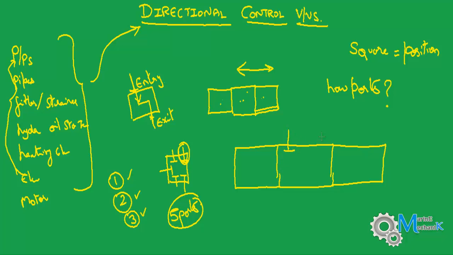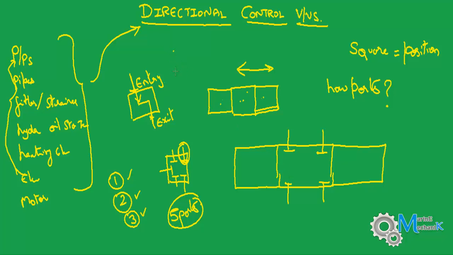This is a single port, the second port, the third and fourth port. So now we can always say that this valve is a 3-position, 4-port directional control valve. This is how we give the nomenclature for this control valve.